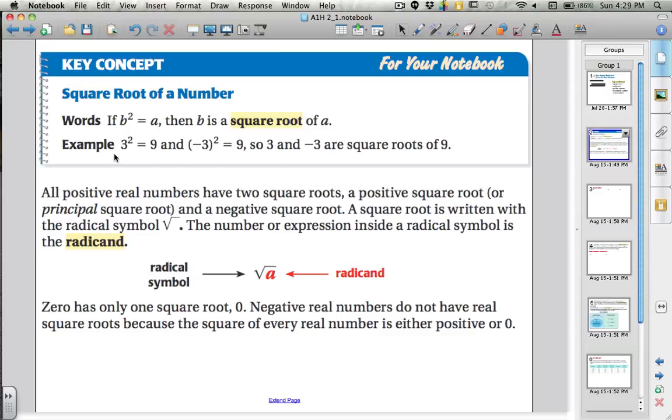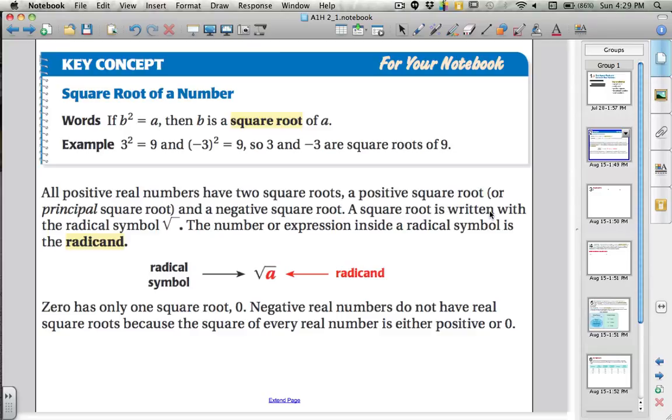So for an example, if 3 squared is equal to 9, and the quantity negative 3 squared is also equal to 9, then 3 and negative 3 are square roots of 9. All positive real numbers have two square roots, a positive square root, which they call the principal square root, and also a negative square root, like 3 and negative 3.